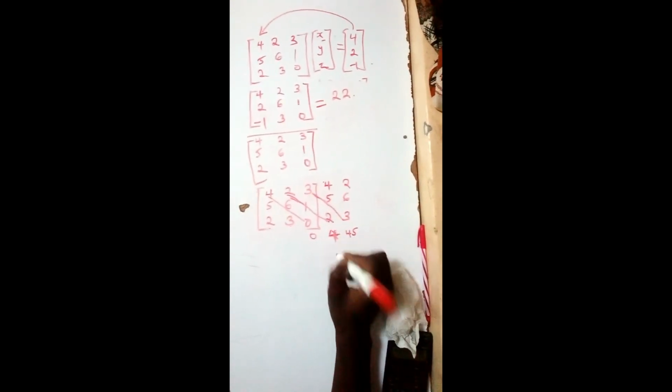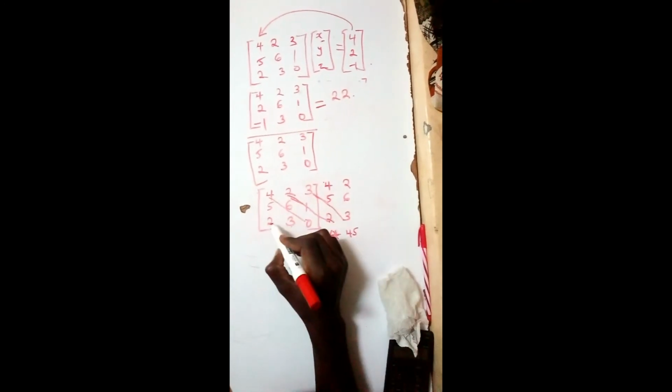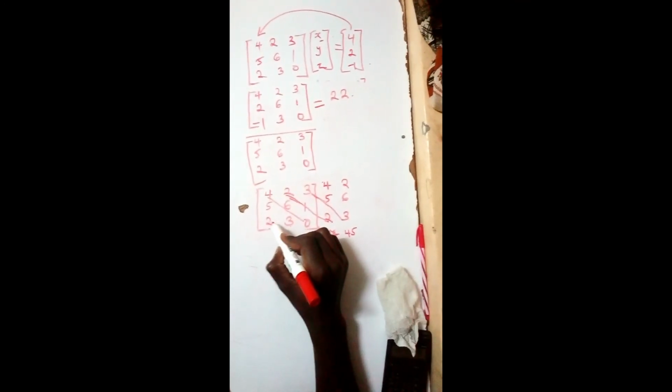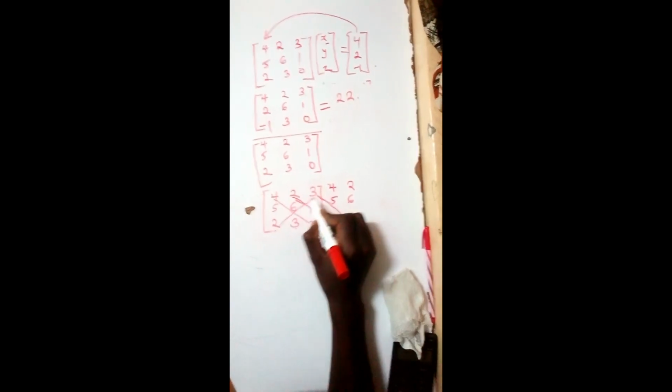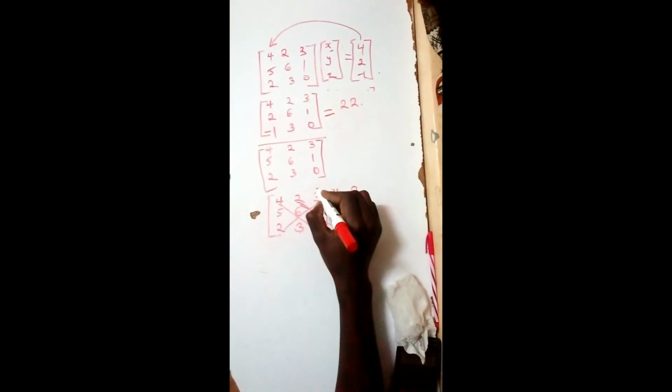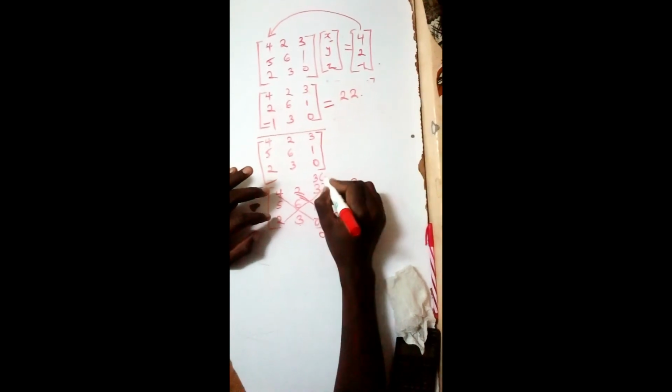It is not 2, it is 4. Then 3 multiplied by 5 by 3, which is 45. So let's come to the secondary diagonal, which is 2 by 6 by 3, which gives us 36.